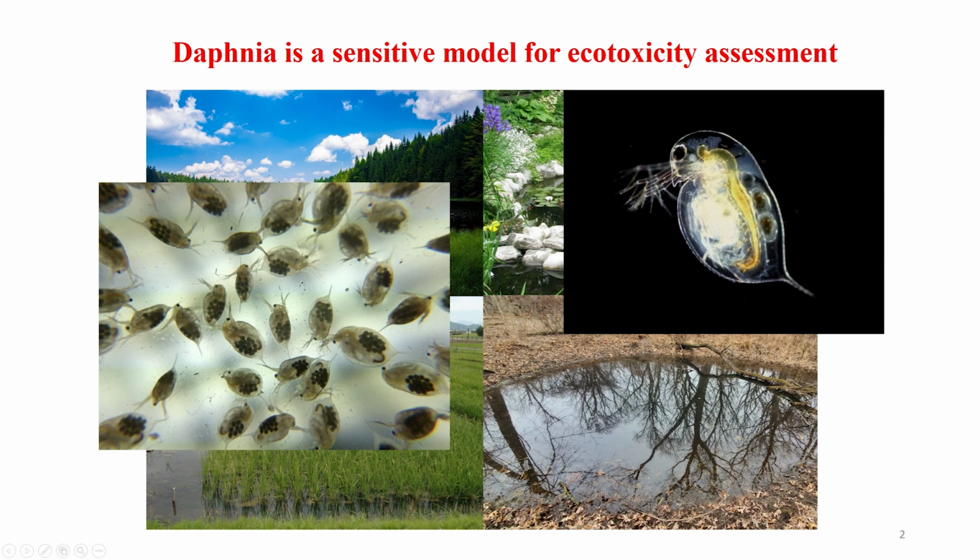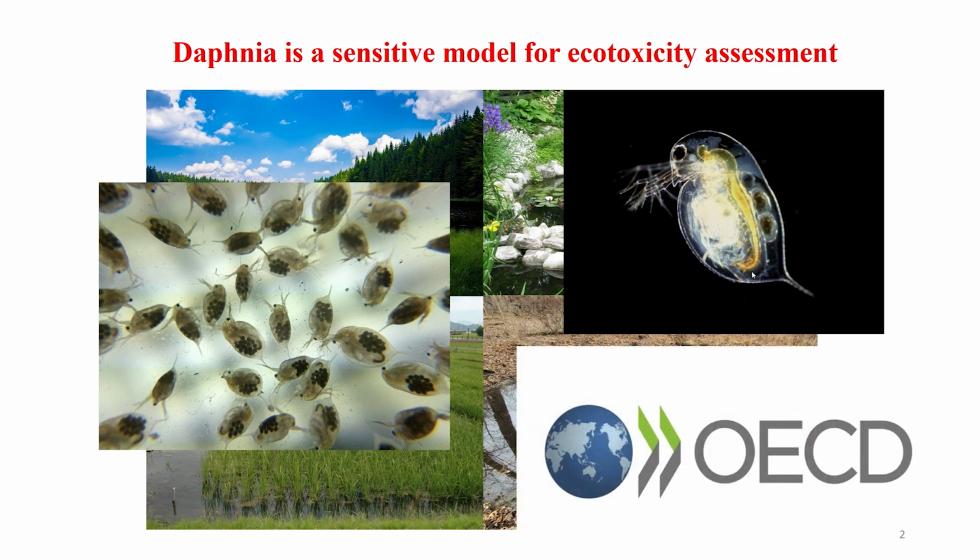This makes it easier for us to look at their inner organs, like their heart, their egg sac, their gastrointestinal tract, and other things inside the body. And another thing is that Daphnia is also already approved by the OECD, which makes them a really useful and valid animal for use in toxicity studies.